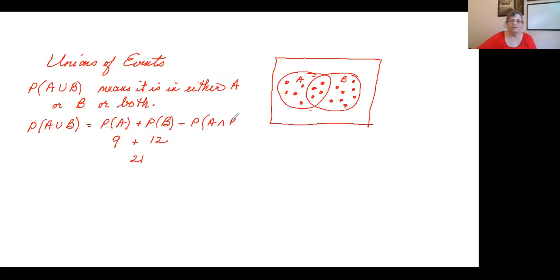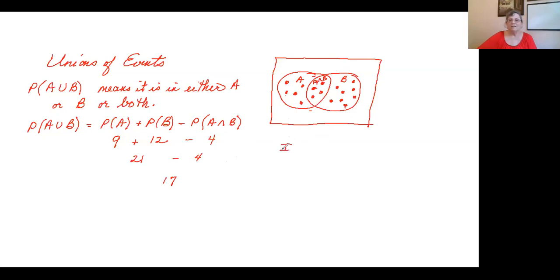We write the intersection like this. So this is A intersect B right here. So there's 4 there. By subtracting them, we're not taking the whole thing out. We're taking out the fact that it got counted twice. So we're only subtracting it once. And 21 minus 4, sure enough, is 17.